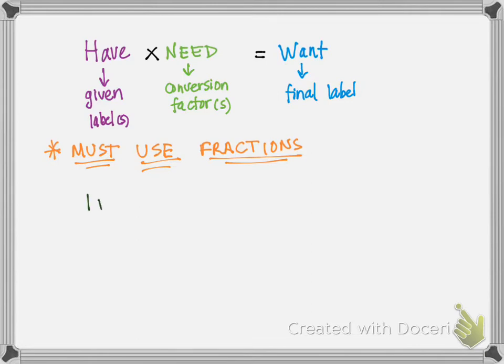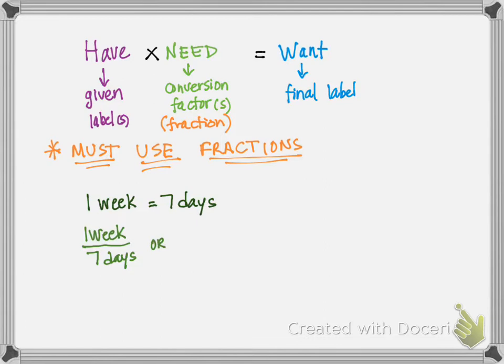So let's say we know that 1 week is equal to 7 days. So that's a basic conversion factor we all know. Now, I'm going to write it as the fraction, over here underneath. If I want to keep the label weeks and get rid of the label days, I would write my conversion factor as this type of fraction.